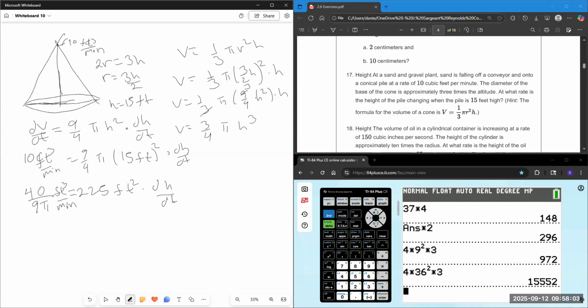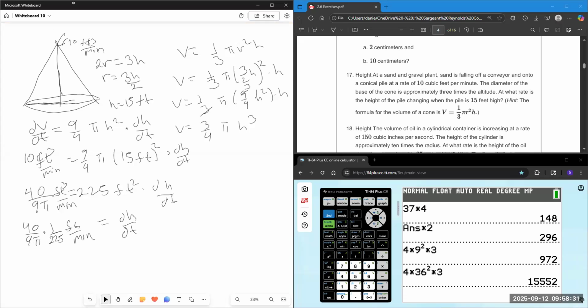So when I divide cubic feet by square feet, I'm going to be left with feet per minute. And then I have this is 9 pi, and this is 1 over 225 is dh/dt. So there's some simplification that can be done there.